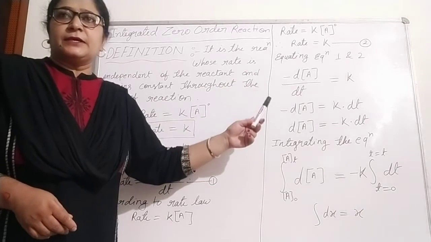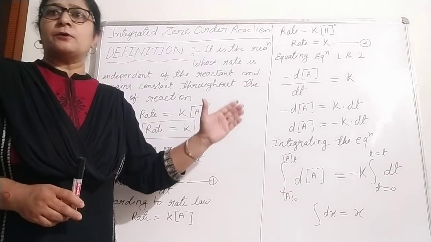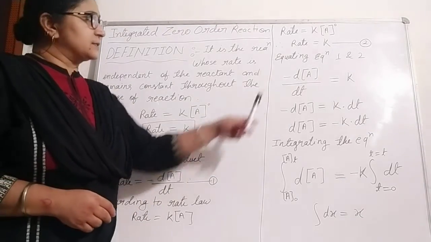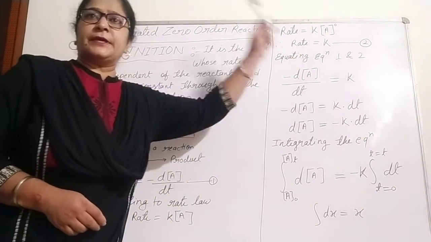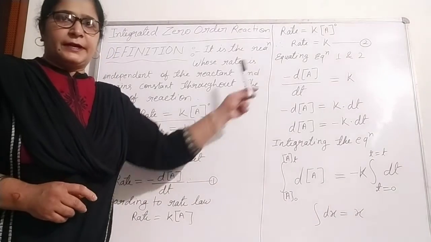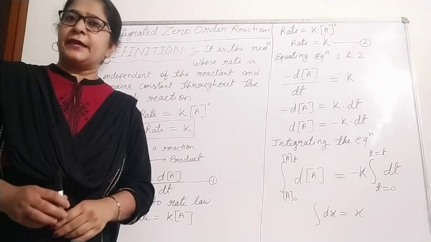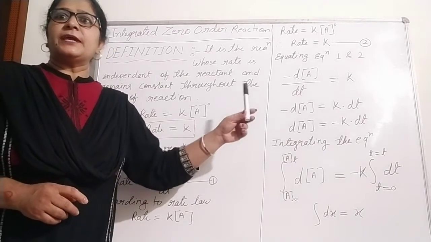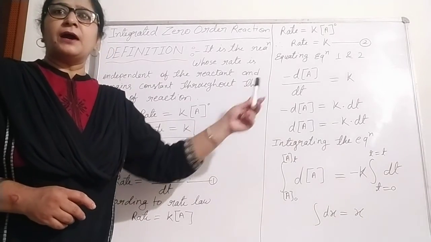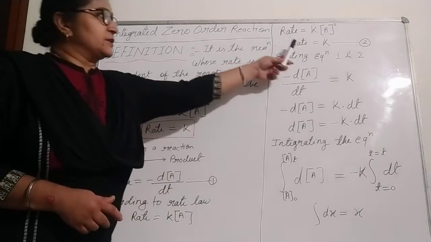Now the equation can be written as rate is equal to K. We can mark this as equation 1 and the other as equation 2.